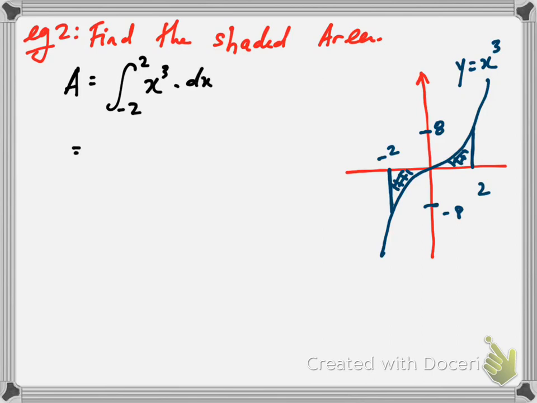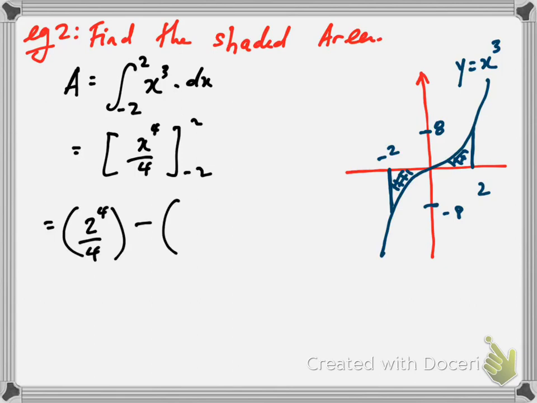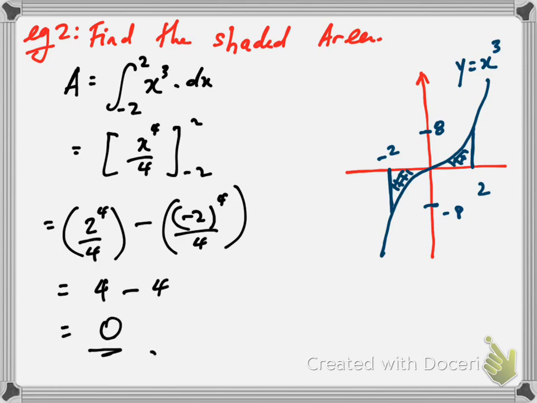So we end up with x to the power of 4 over 4, going from -2 to 2. If you substitute 2, you get 2 to the power of 4 over 4 minus -2 to the power of 4 over 4. And this will give you 4 minus 4, area 0.